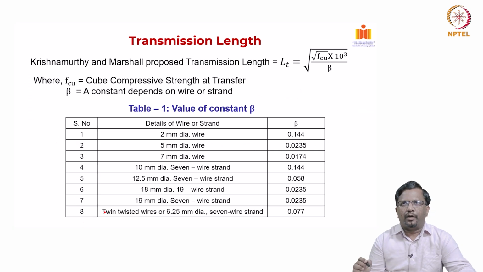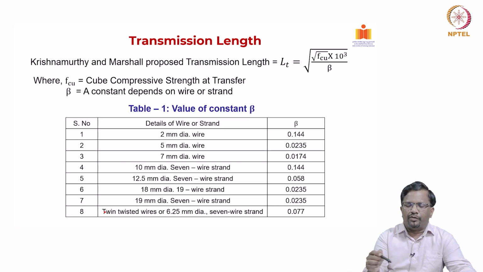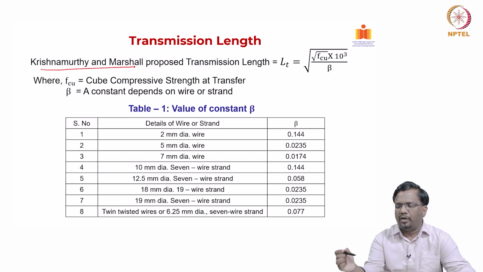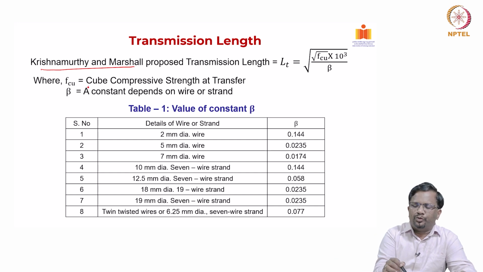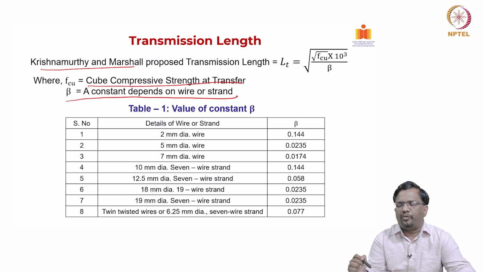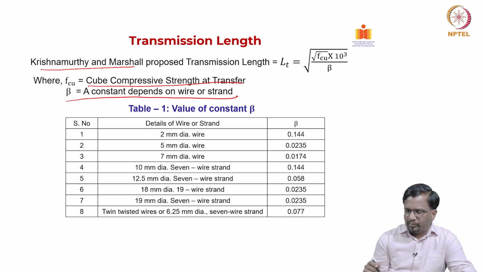Okay. Now, that previous equation had a lot of parameters, which was further simplified by Krishnamurthy and Marshall way back in the 1960s, and they proposed a very simplified expression only as a function of your concrete strength. So, f_cu is the cube compressive strength at transfer, and beta is a constant that depends upon the wire or strand.